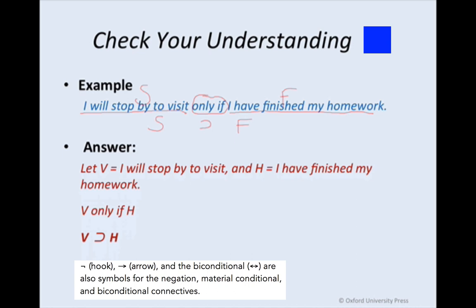There may be, as I mentioned before, considerations that should push you in a direction to choose one letter over another for a given simple sentence, but by and large, it's fairly arbitrary. Anyway, so we have I will stop by to visit only if I have finished my homework, and you can see that what we have, S, horseshoe F, is expressed here as V horseshoe H, but our translation is correct.